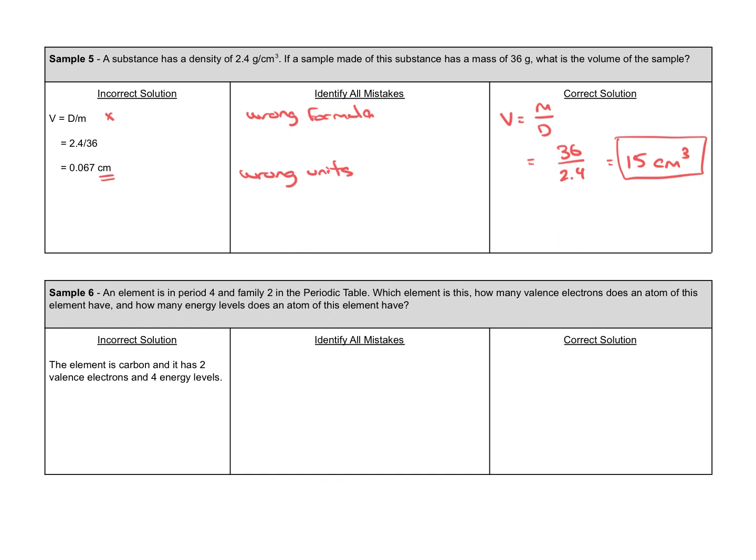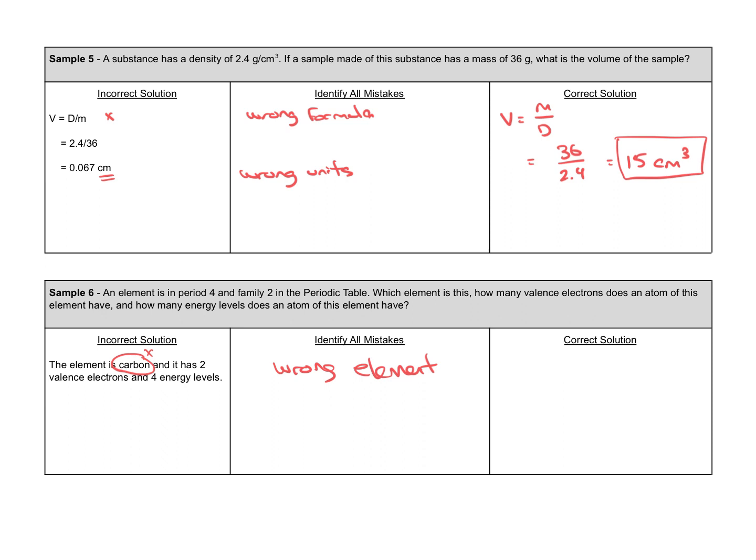So the incorrect solution is the element is carbon, and it has 2 valence electrons and 4 energy levels. So the only thing that is wrong about this solution is the element. Okay, wrong element.